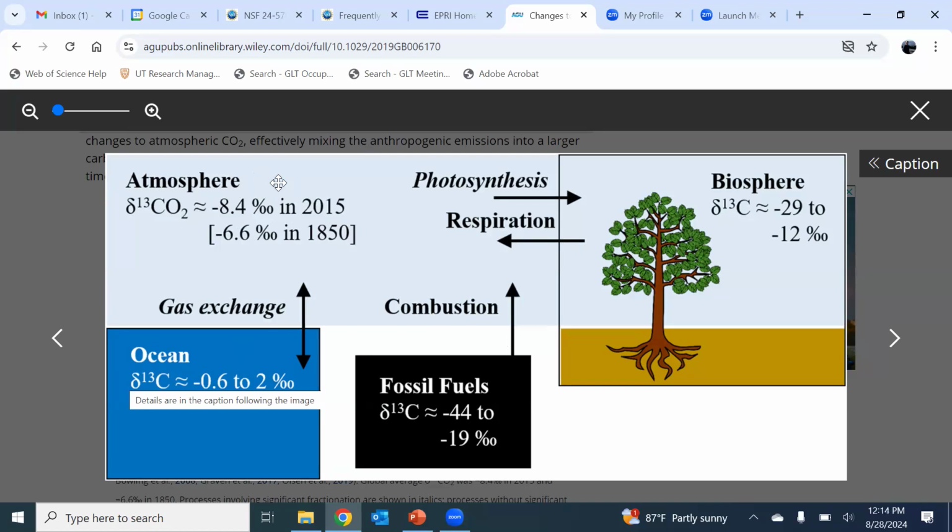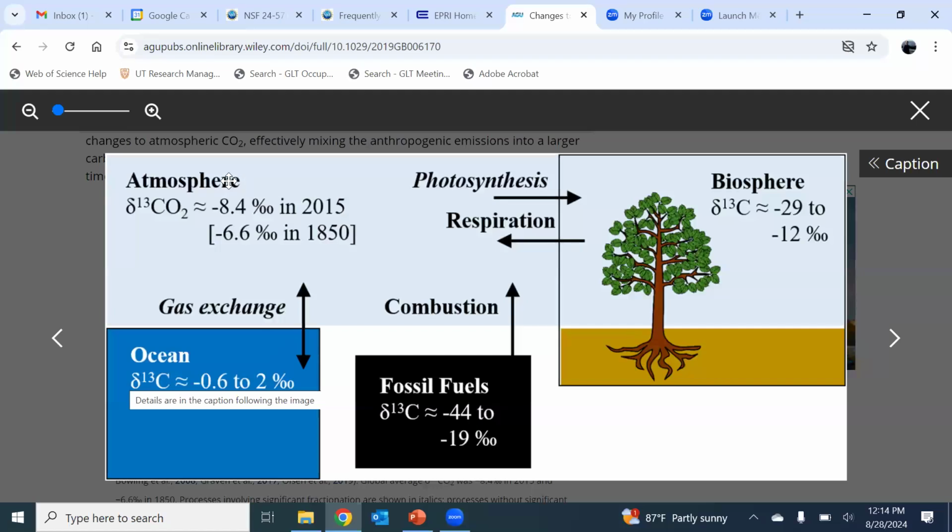So you mix those two sources together, you get something that is less depleted than fossil fuels, but less enriched than volcanoes. And so, knowing what the typical isotopic signature of volcanic CO2 is, you can figure out how much of the CO2 in the atmosphere came from the combustion of fossil fuels by just doing a simple mass balance. So that's how we arrive at that.